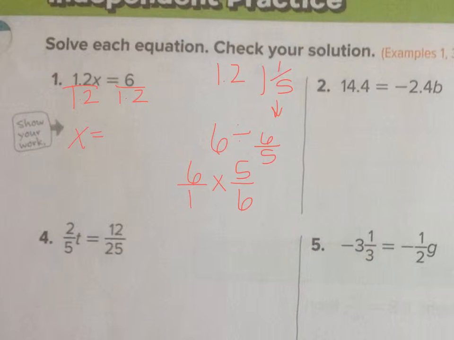That's how we do that. And then when we do this, we get 6 times 5 to be 30 over 6, and 30 over 6 equals 5. So for our answer, x would equal 5, and to double check that, we can put 1.2 times 5 in, and we can multiply that just to see if it equals 6, and yes it does, so we know our answer is 5.